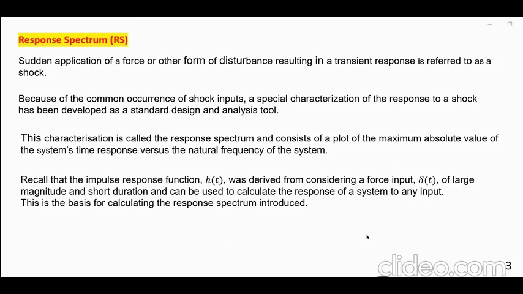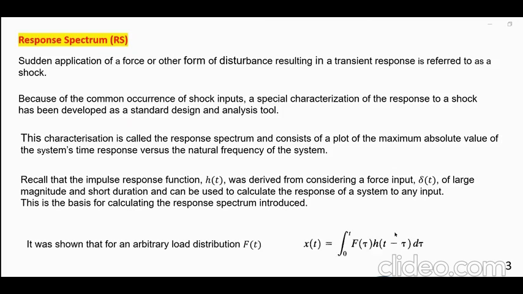We're going to need that, or at least we can use it for the purpose that we have in mind. In other words, somehow out of this h of t, get the maximum displacement of the block, or X max. You're going to see that that's one way of doing the problems.